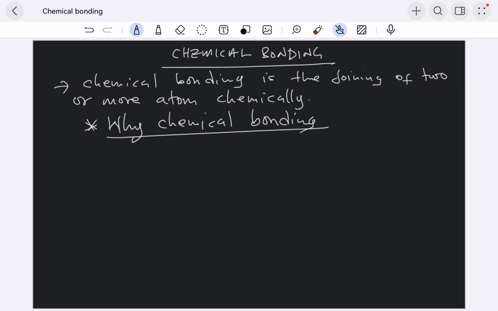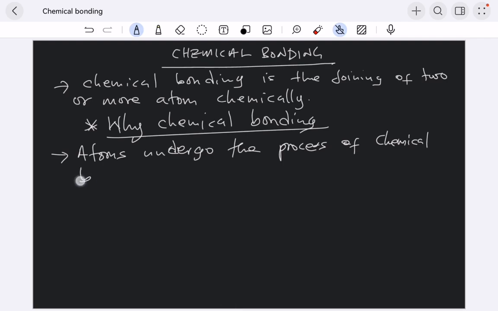So why are these atoms undergoing the process of chemical bonding? Atoms undergo the process of chemical bonding in order for them to become stable.